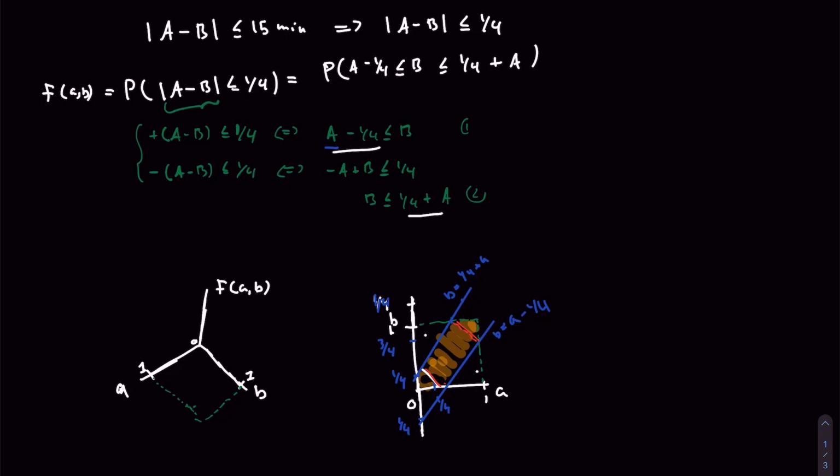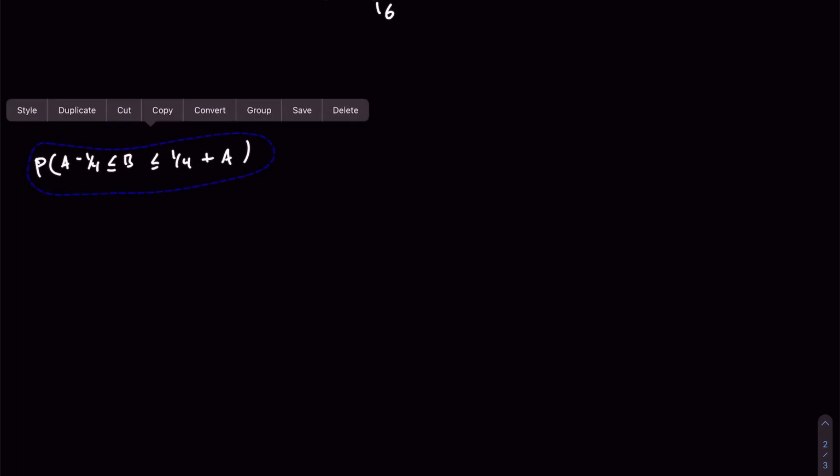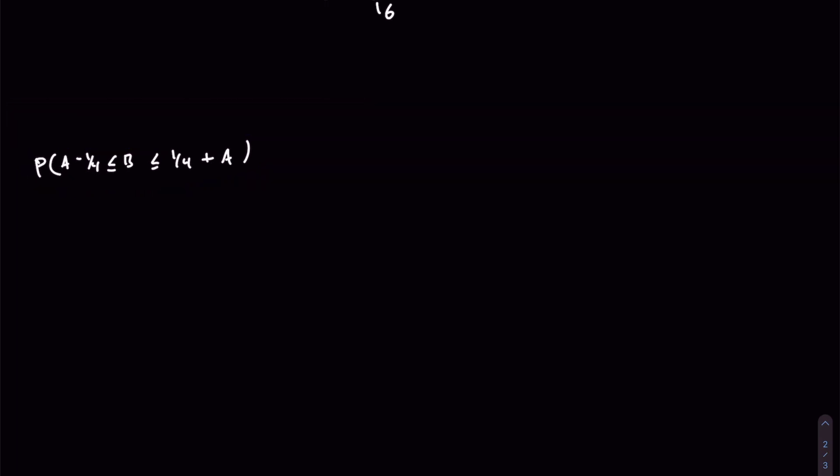Let me take this, copy it, and put it here. Paste that. I'm just going to write that integral out, and then leave it up to you guys to solve it.